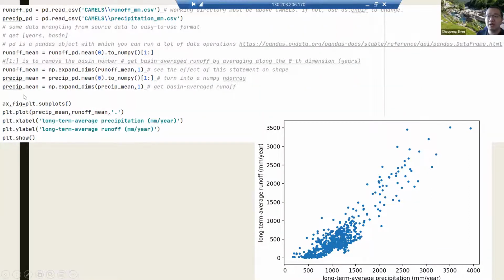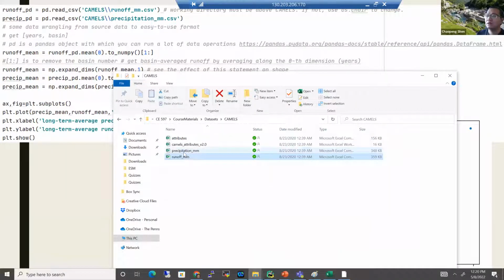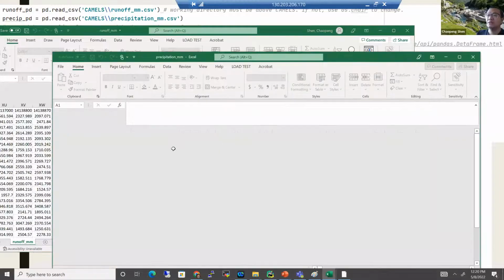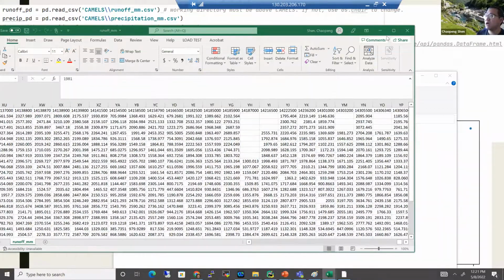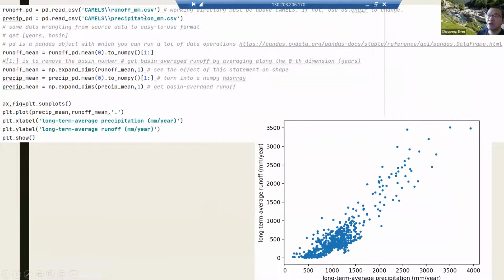Now we do the same thing for precipitation, which is another spreadsheet that has precipitation rather than runoff being tabulated, and we do the same aggregation along the time dimension. So every basin has just one precipitation and runoff.